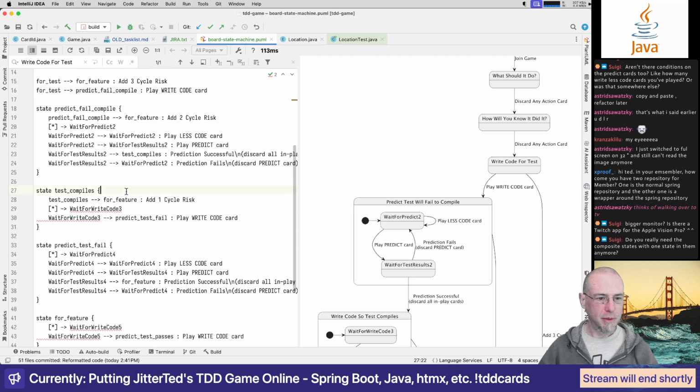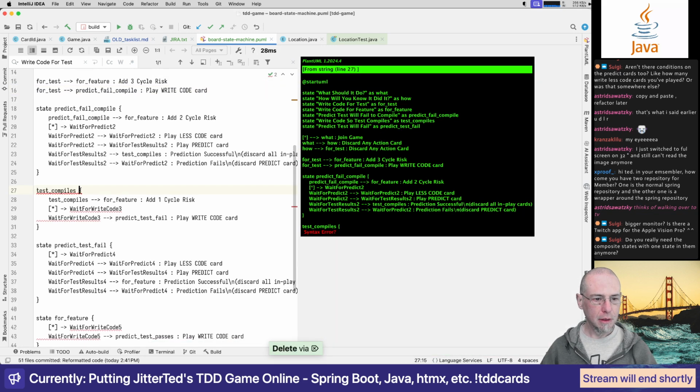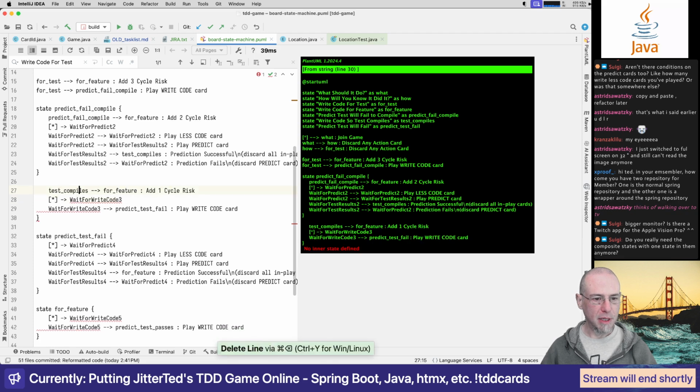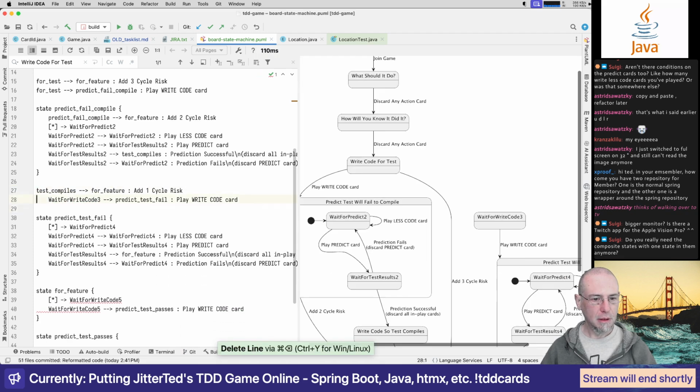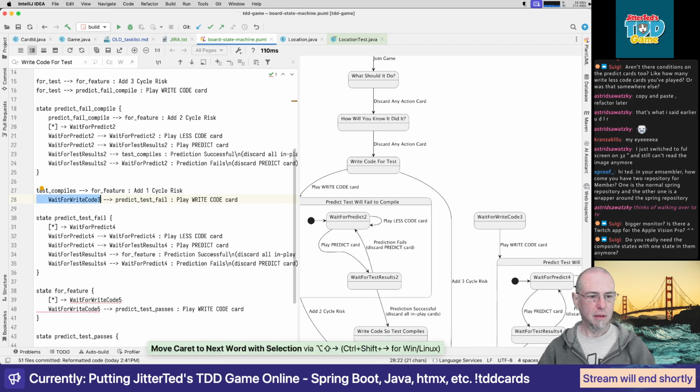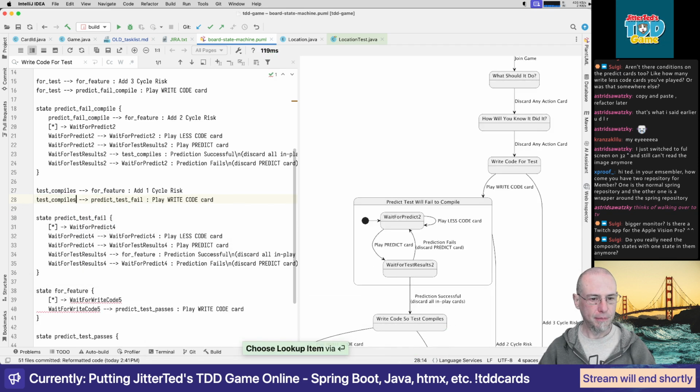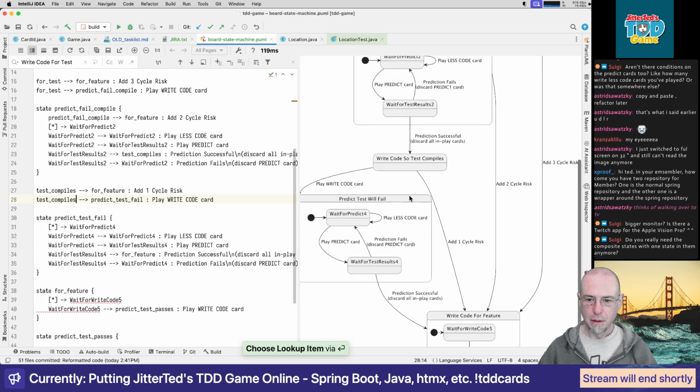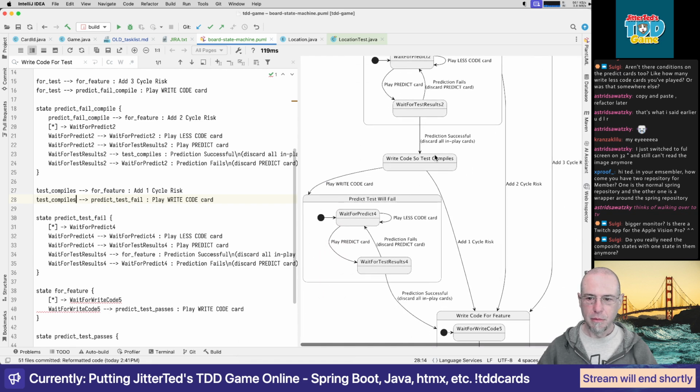All right, so let's fix up the other one. The other one's going to look pretty much the same. It's basically test compiles. And then this is test compiles. Right. So test compiles goes directly there. Okay.